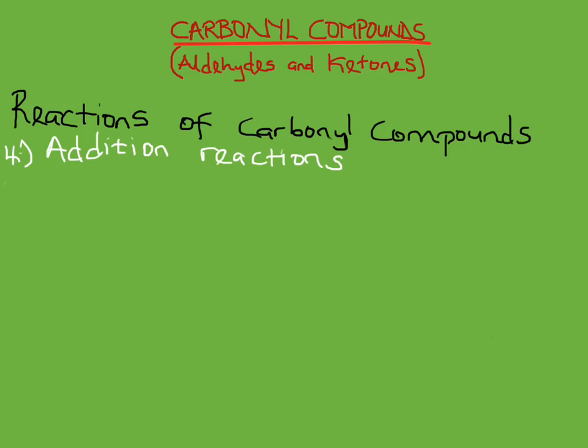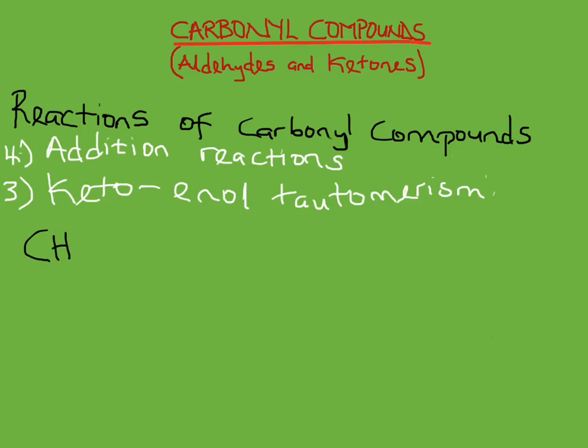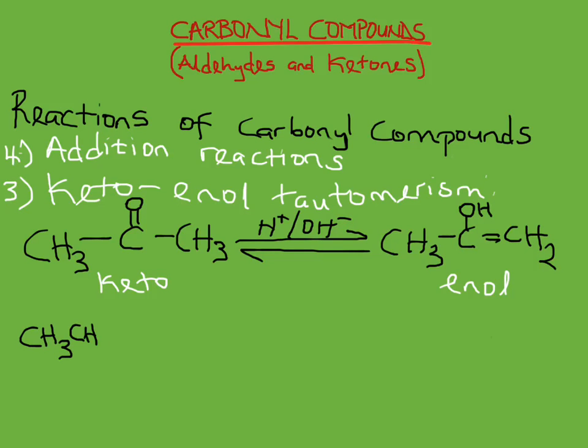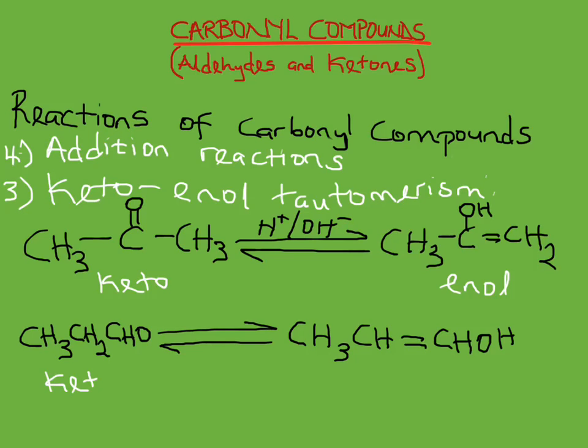The next reaction we're going to be looking at is the keto-enol tautomerism. It takes place in aldehydes and ketones with alpha hydrogen atoms next or adjacent to the carbonyl carbon atom. It is promoted by either hydrogen or hydroxide ion.